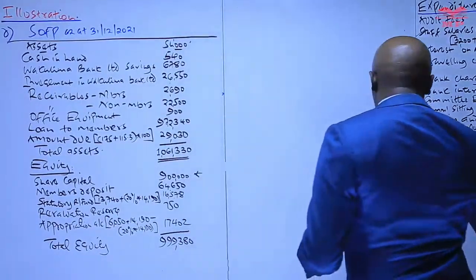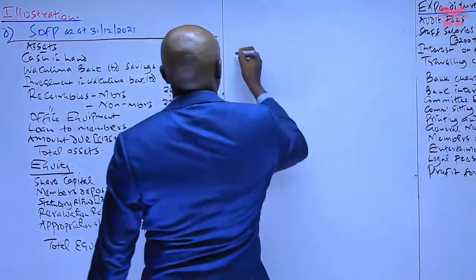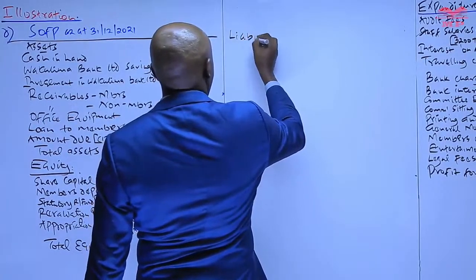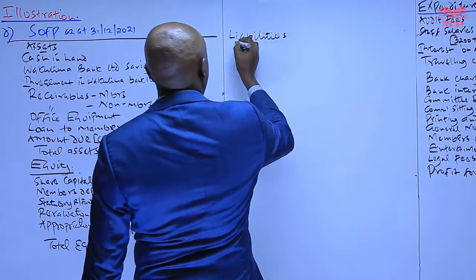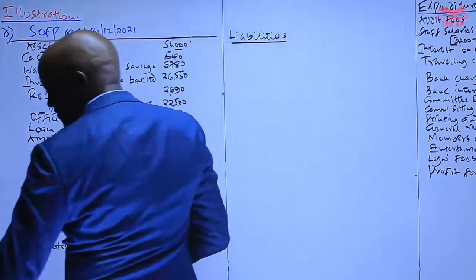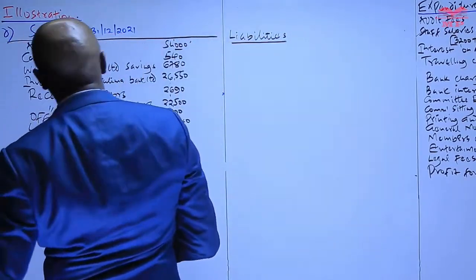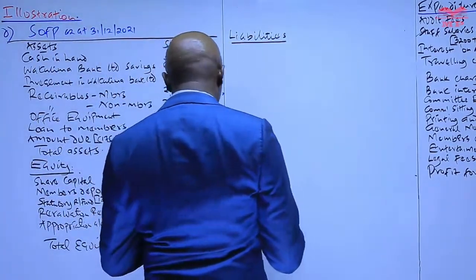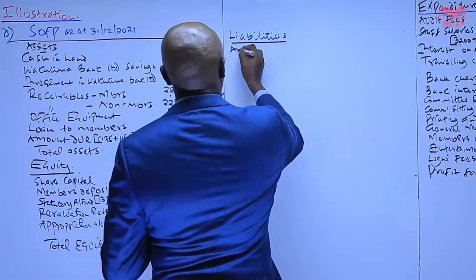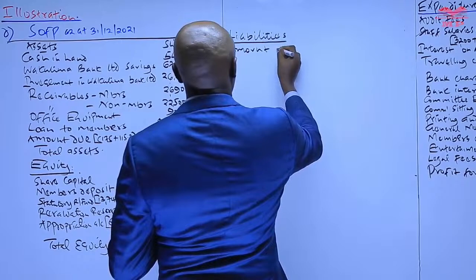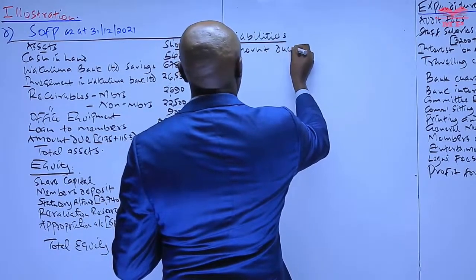We need to record the liabilities. So we have various items of liabilities. Let's start with what we have in the additional information. In the additional information, number one, first of all, you need to remember that there was an amount due to members.